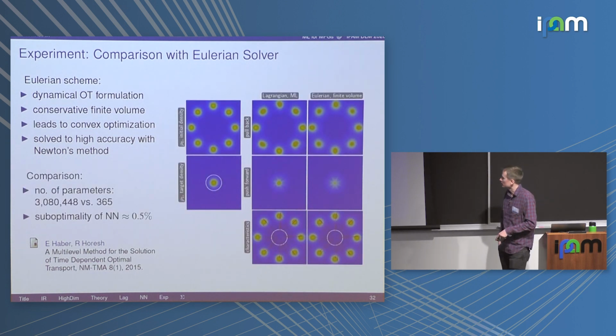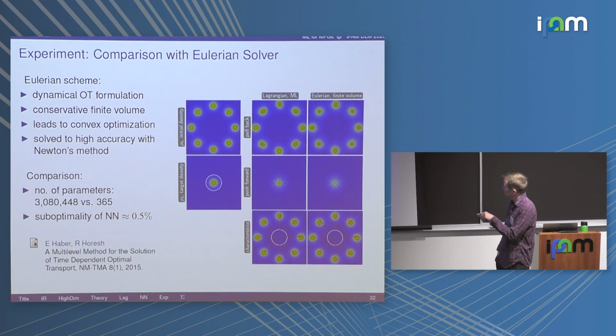So here's what you see in a side-by-side comparison. You see the Lagrangian, and that's our approach, and that's the Eulerian. They look similar, with differences and similarities. The characteristics really look pretty much the same. And I would say the suboptimality, so if I look at the final value of the objective function, is about 0.5% worse for the neural network. But we get there with fewer weights.